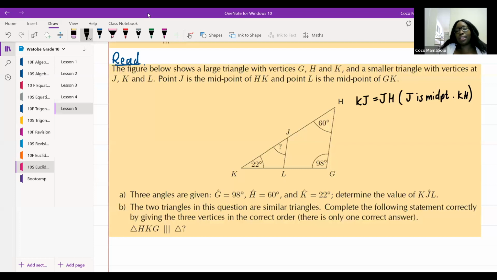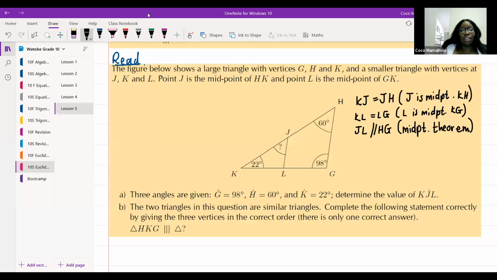And then we can say that KL is equal to LG because L is the midpoint of KG. Then with this being said, we can therefore conclude that JL is parallel to HG, and the reason for this is the midpoint theorem.